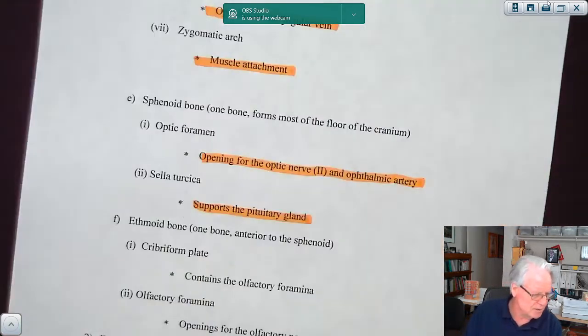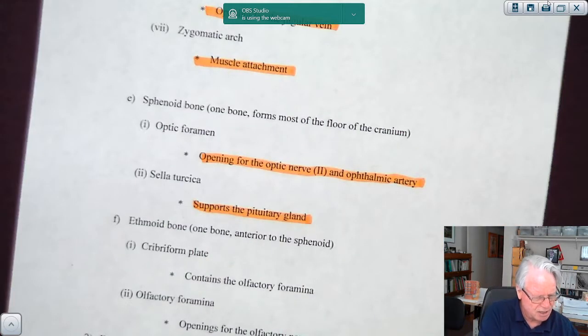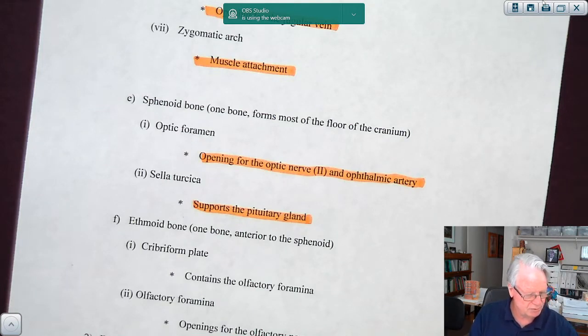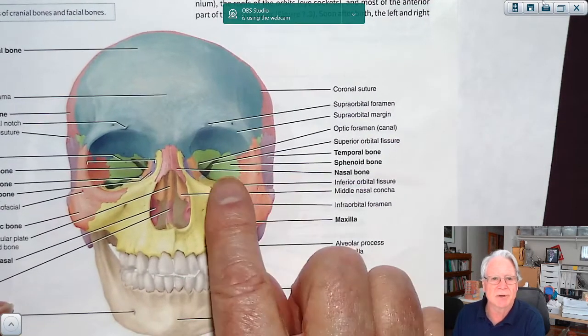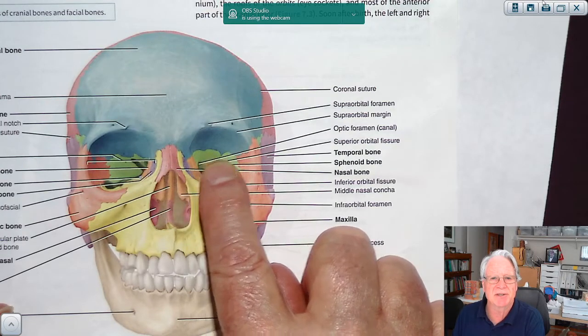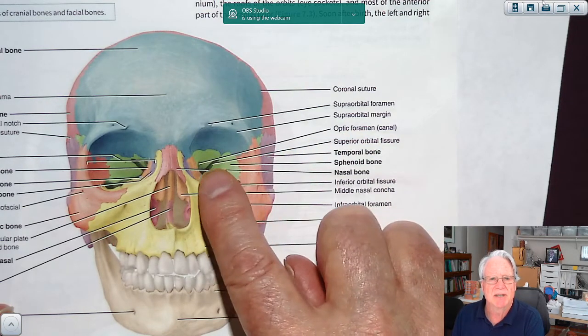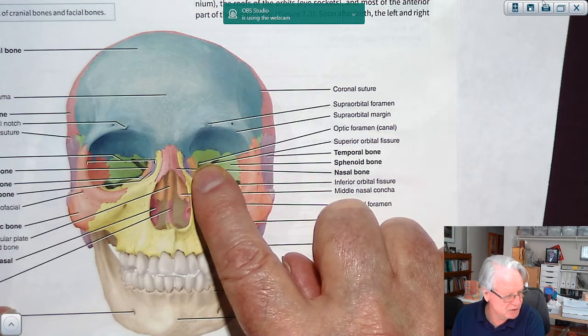And then finally, to see the opening into the eye, the view that is best for that, I'm going to find that drawing as soon as I can. All right, well, we're just going to go with this one then. Here's one. So there's a hole right there, a little bit difficult to see, but that's the optic foramen. It's more easily seen in the skull.